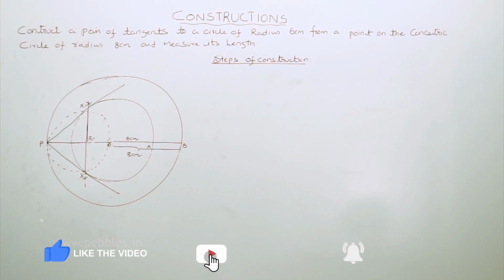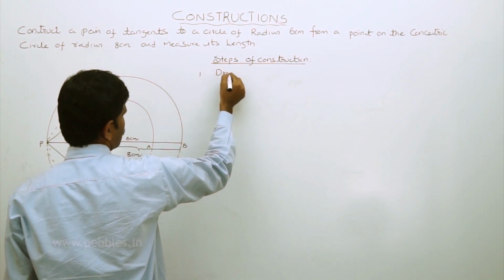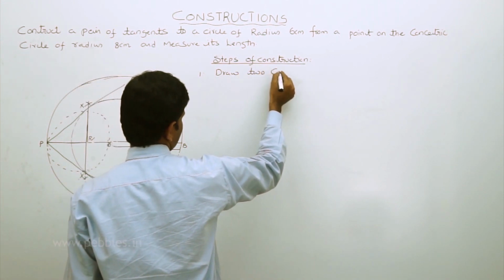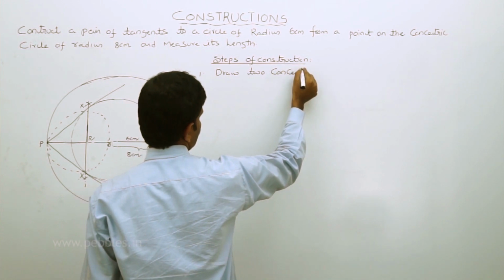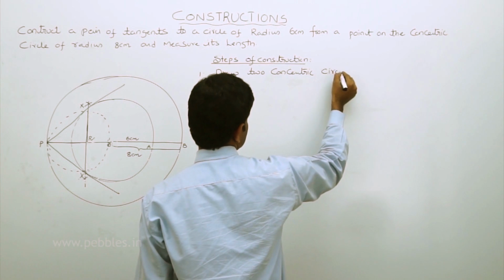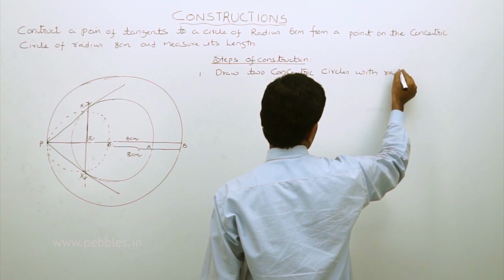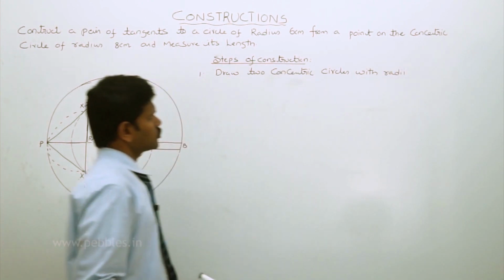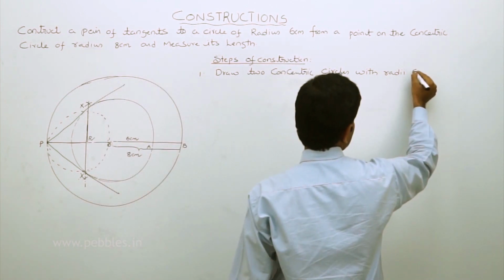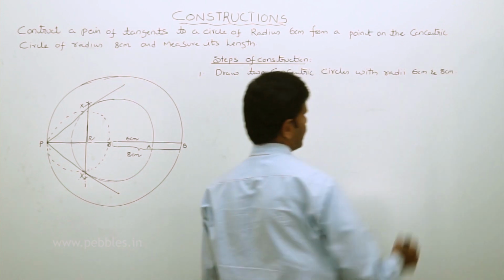Now draw two concentric circles with radii 6 centimeters and 8 centimeters.